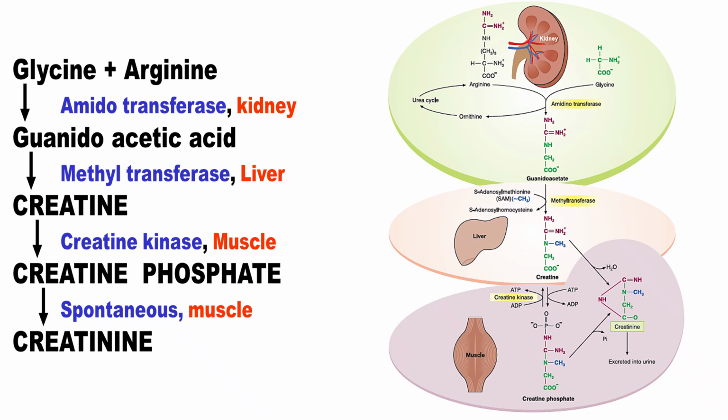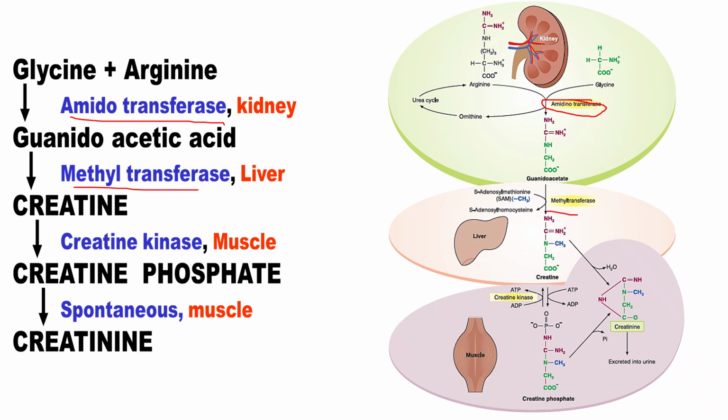Now you can see the enzymes present in the various organs. The first enzyme, the amidinotransferase, is present in the kidney, and the methyltransferase is present in the liver.